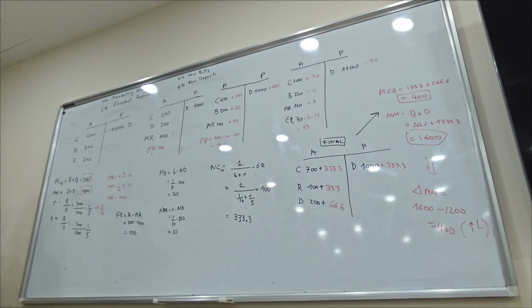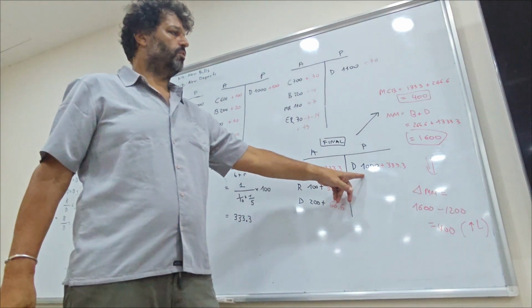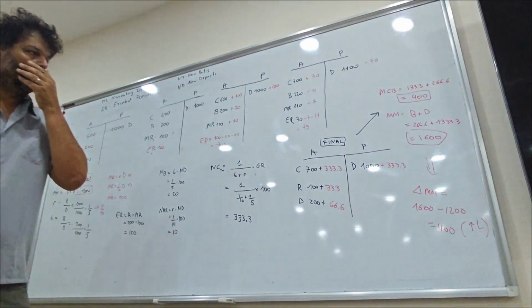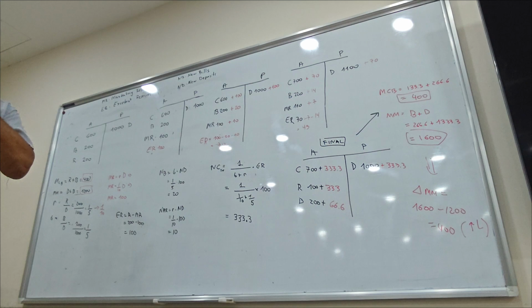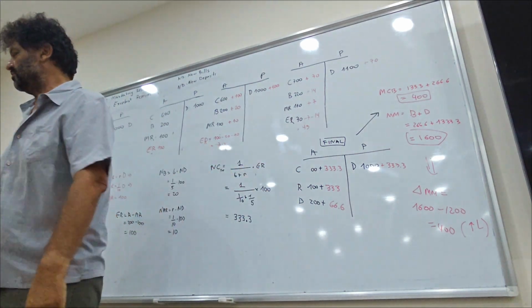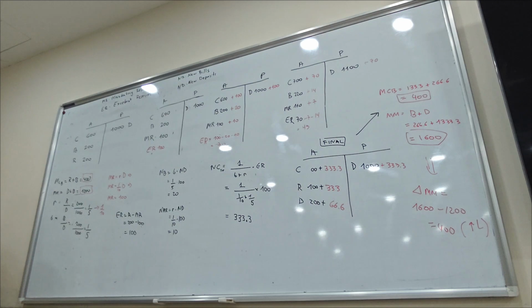Okay, write it down. Yes. I'm sorry, which one? Yeah, it's here. 1,333.3. It's 600. 600, right, you're right. It's 600. My mistake.